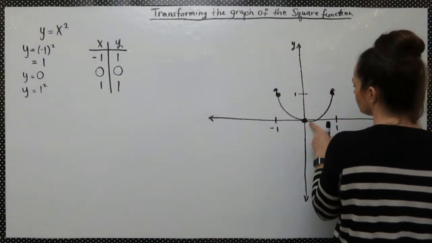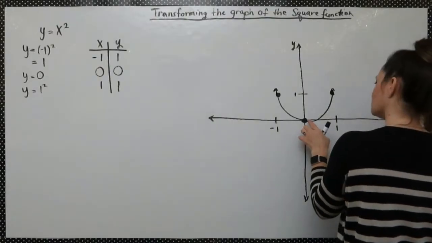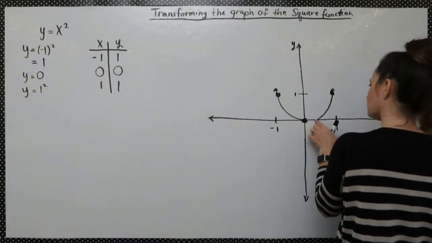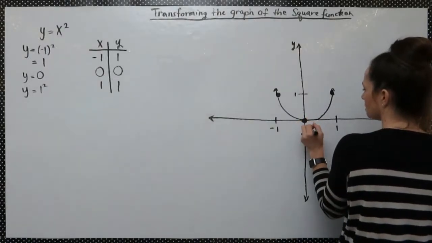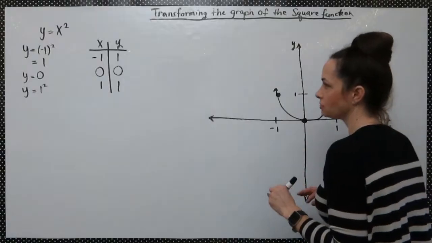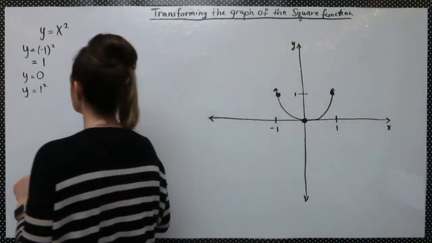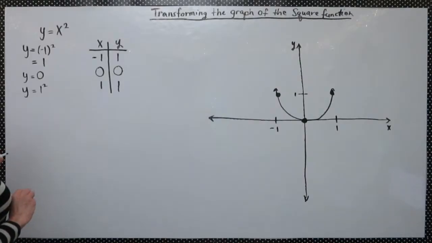This is the basic graph of the square function, and I just want to fix that one right there because it literally doesn't go negative unless you perform a transformation on it. So we have that basic graph of y equals x squared.